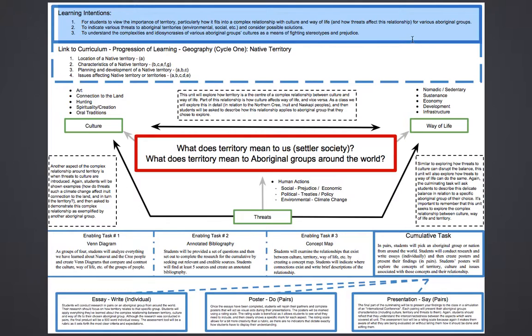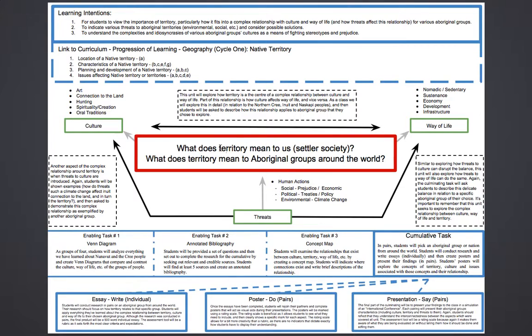And finally, to understand the complexities and idiosyncrasies of various Aboriginal groups and cultures as a means of fighting stereotypes and prejudice.